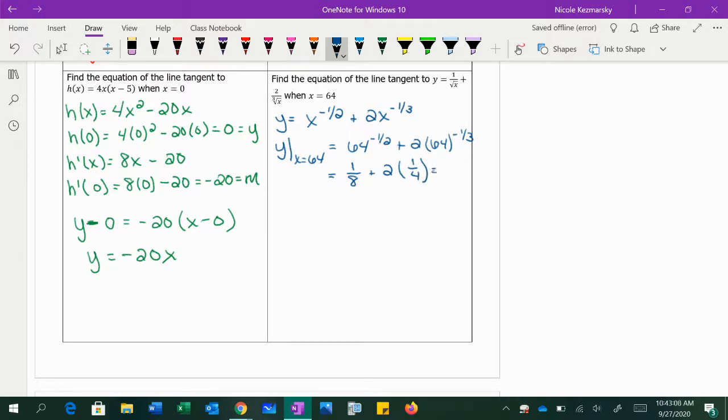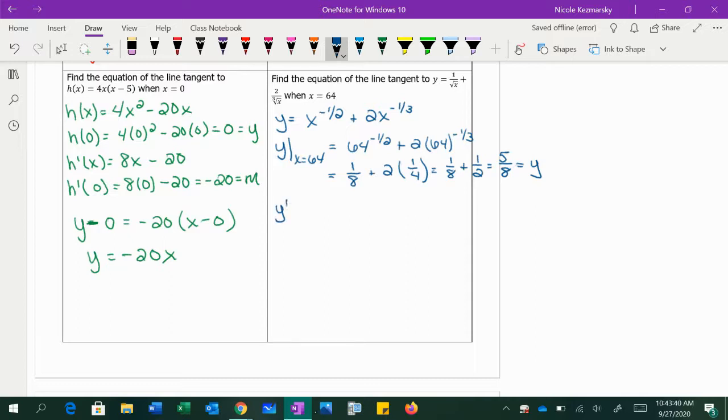So we've got 1/8 plus 1/2. And that's going to be 5/8. And that's our y value. Okay. If stuff like that hurts your brain a little bit, let the calculator help you.